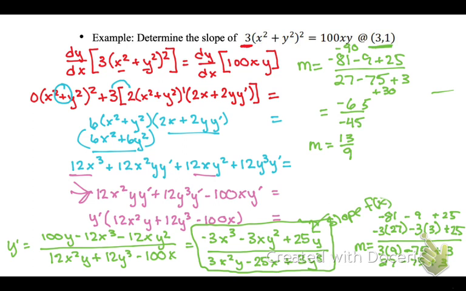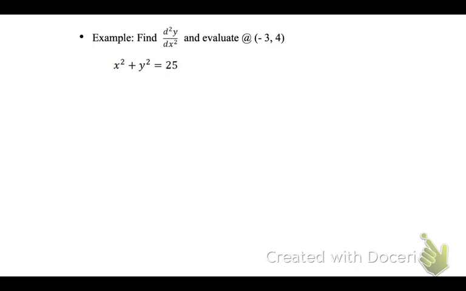When they ask you y double prime, it's a little easier problem. And look what I got. Y double prime. Okay, so find d squared y over dx squared. That's like, find the second derivative. That's what that says, right?